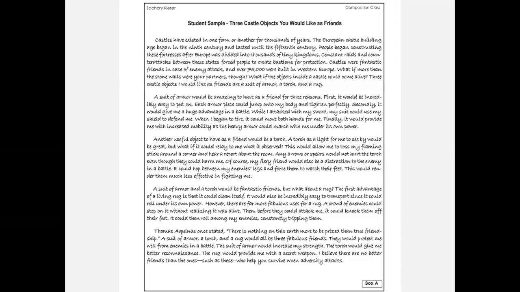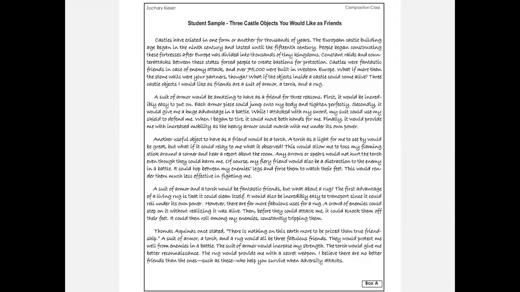And I do the same thing with torch in the thesis statement and then in paragraph B. And I do the same thing with rug, circle it, write a 1 above it, circle it in the thesis, draw an arrow, write a 1 beside it, reminding them that we list the items, the ideas, the thoughts, the people, whatever you're writing about, we list those in our opening paragraph in the same order as we write about them.